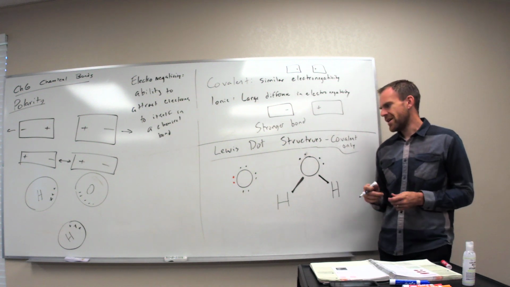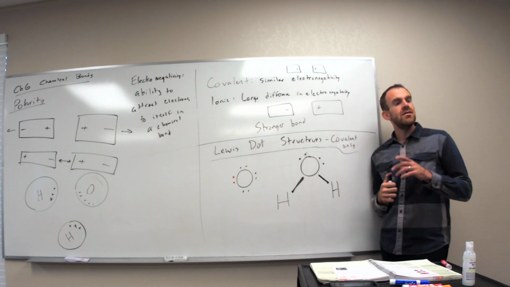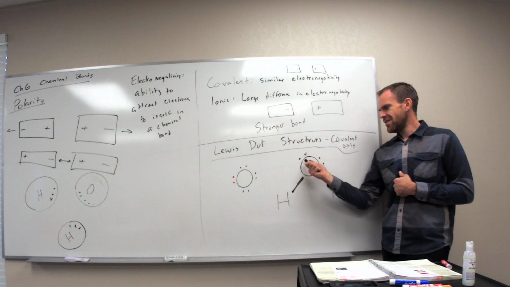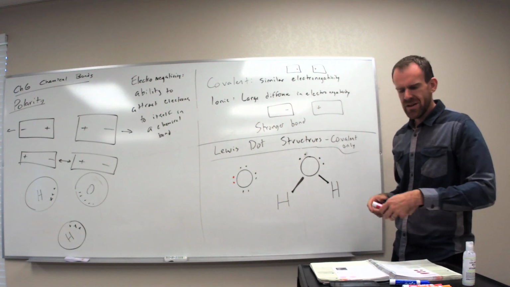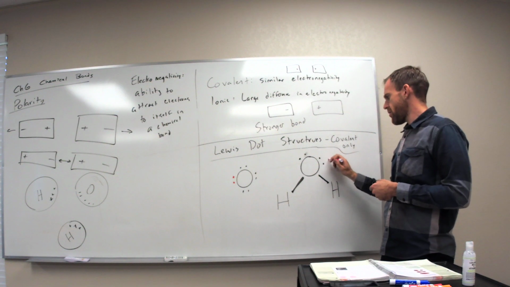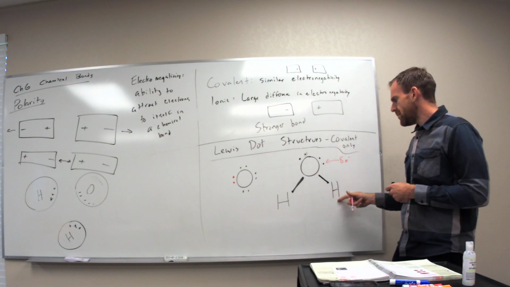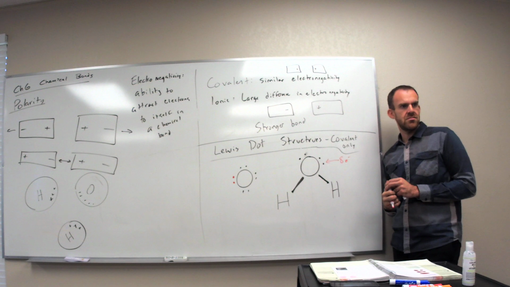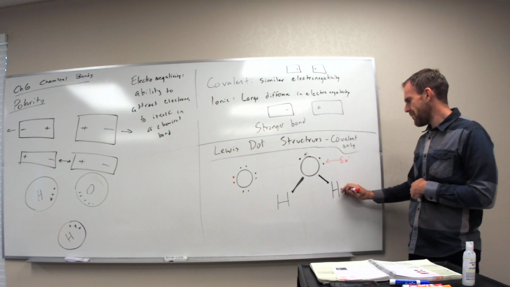What does that do for us? That gives oxygen 8 electrons, because it's got 2, 4, 6, 8. How many does hydrogen get? Two. Is hydrogen happy with 2?